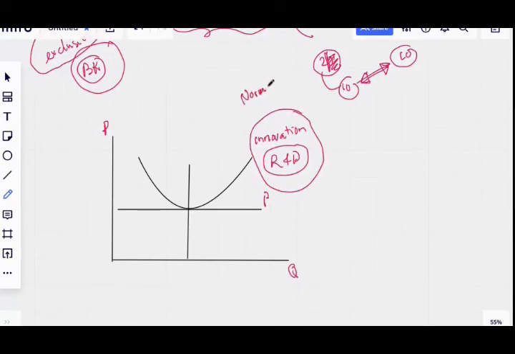So if you really do not like normal profit, remember what is normal profit? Normal profit is my accounting profit is equal to my opportunity cost. If you don't like this, which most entrepreneurs do not, they will say, look, the best strategy of survival is to do continuous R&D.